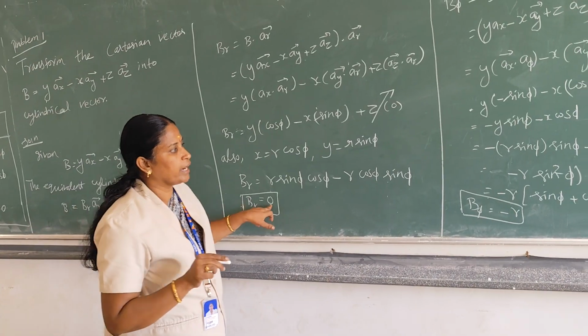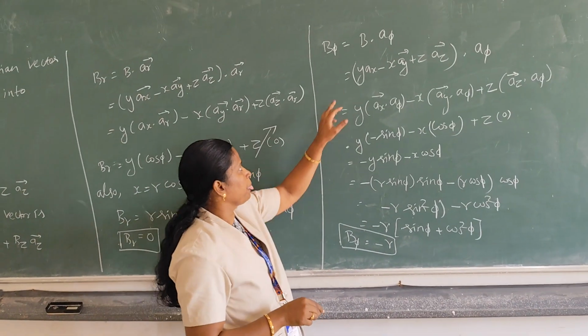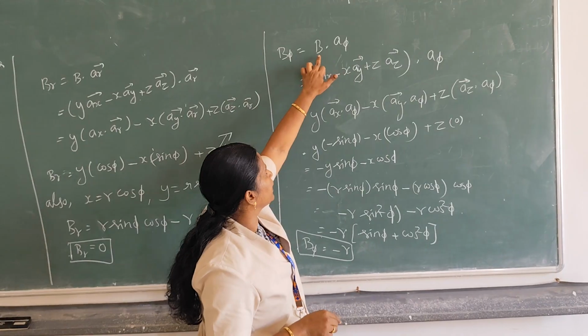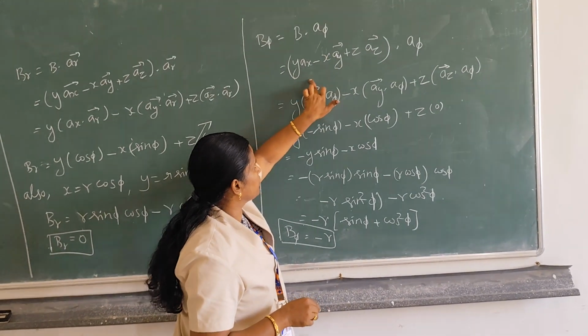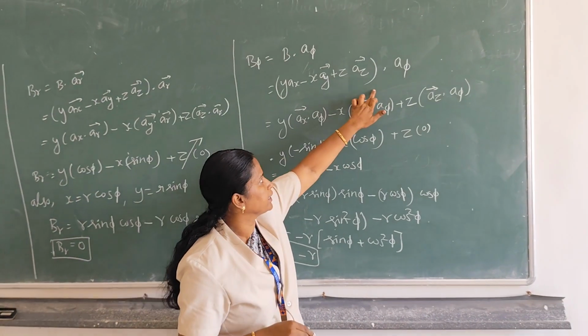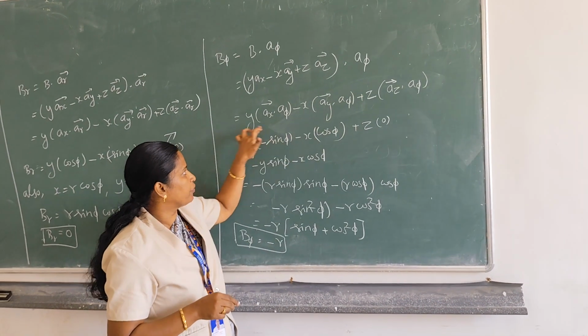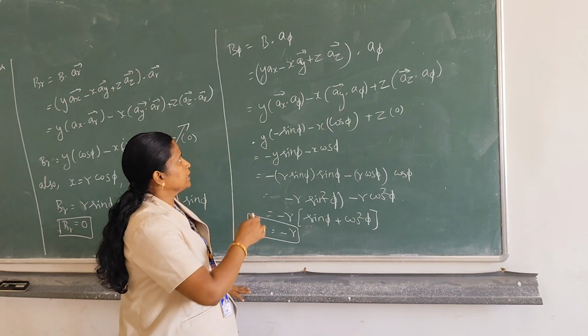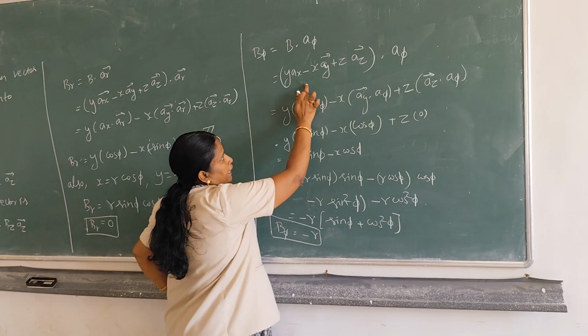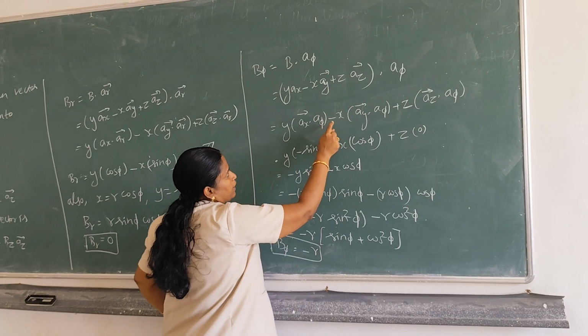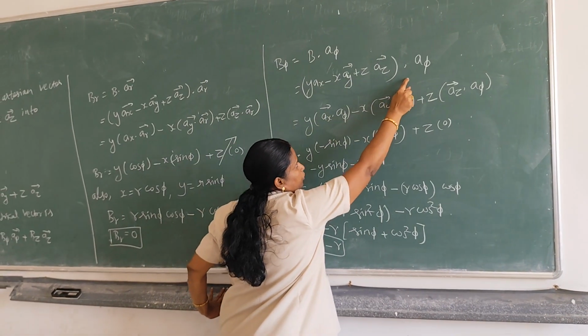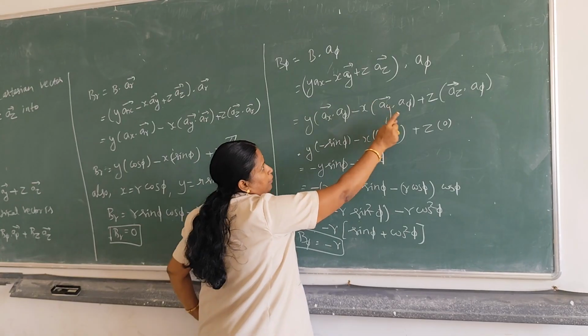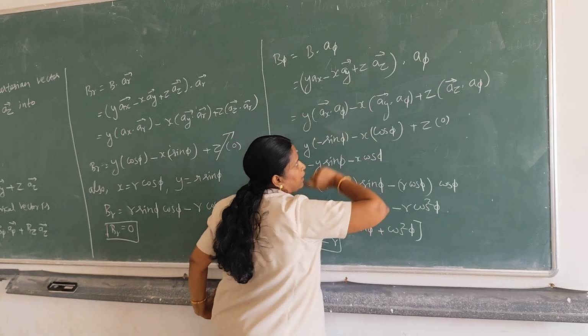In the same way we find B phi. B phi is B dot A phi. So write the B vector dot A phi vector and find the dot product: y into Ax dot A phi minus x into Ay dot A phi plus z into Az dot A phi.